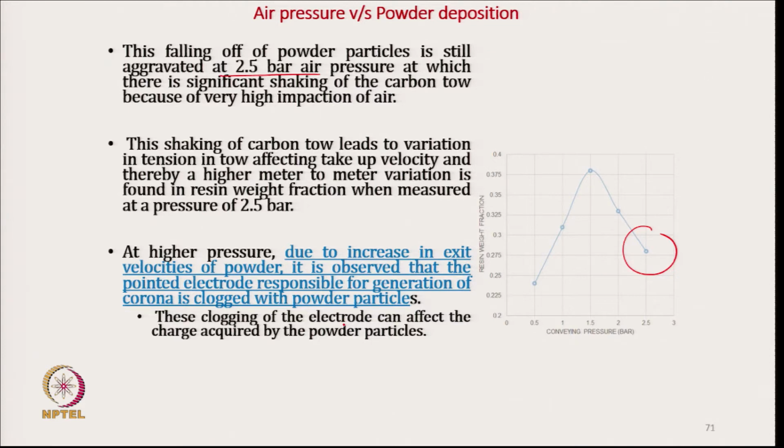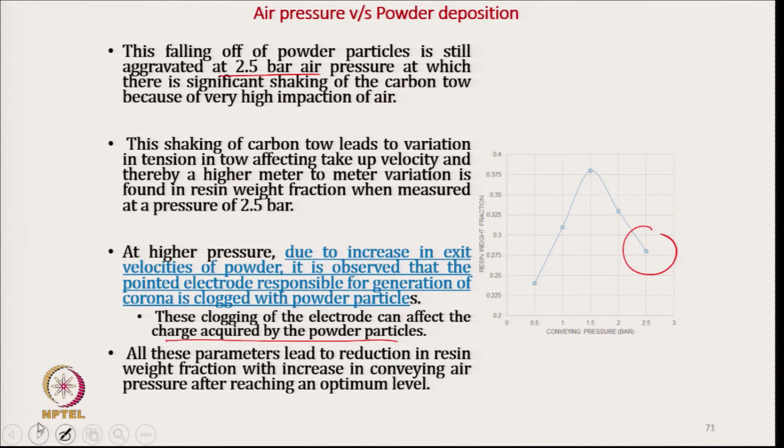This clogging of the electrode can affect the charge acquisition by the powder particles. If it clogs, then charging will not be proper. So, all these factors are responsible for the reduction in resin deposition beyond a certain level of conveying pressure.